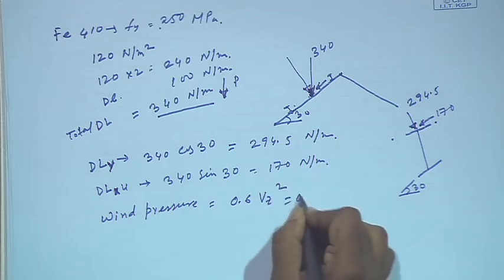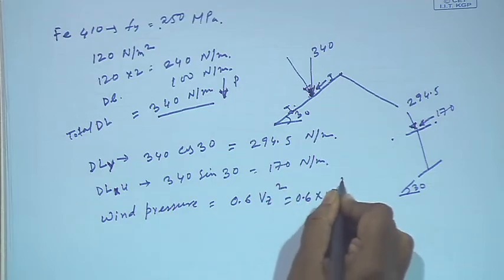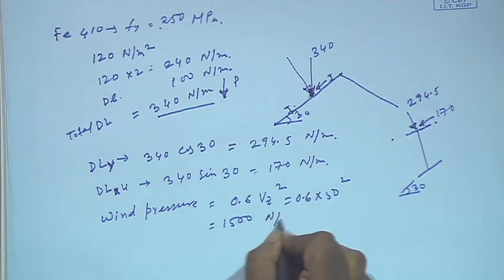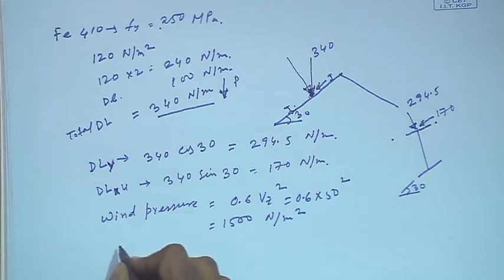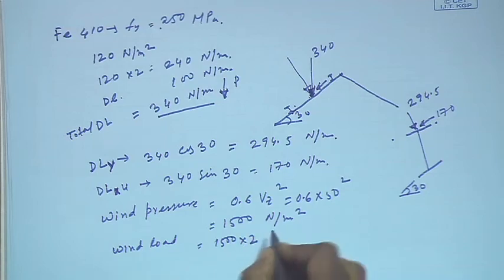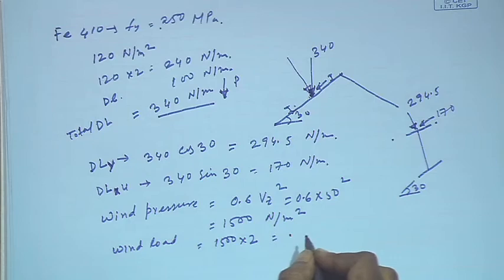So, this will be 0.6 into 50 square, which becomes 1500 Newton per meter square. So, the wind load per meter will become 1500 into 2, because the center to center distance was 2 meter, so 3000 Newton per meter.